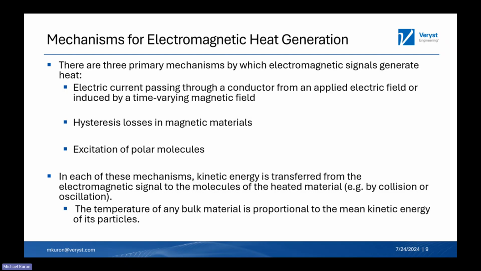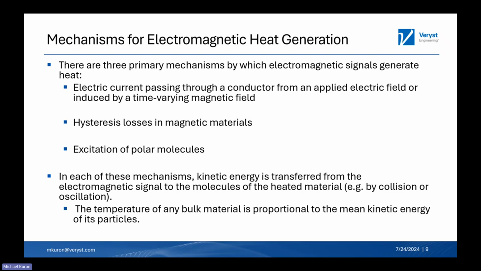The second mode is hysteresis losses in magnetic materials. And so how does the material respond to a time-varying magnetic wave? And finally, the excitation of polar molecules. And we'll talk a little bit more about each of these in detail in the following slides.